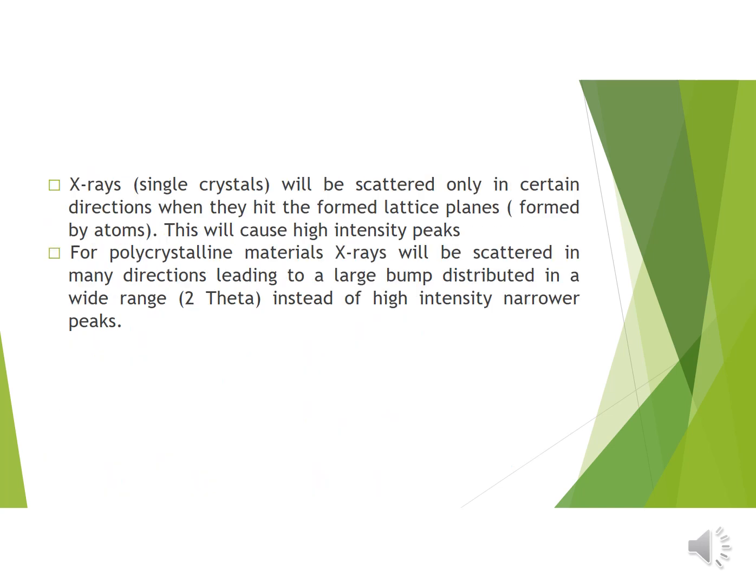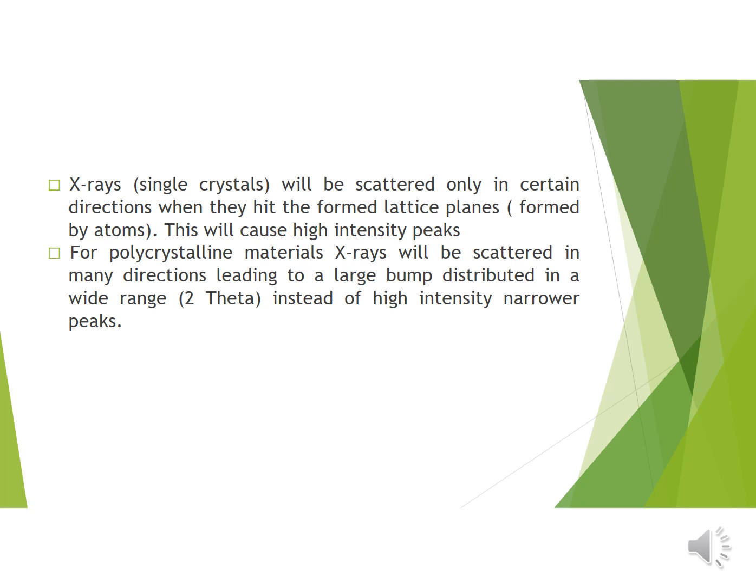In single crystals, X-rays will be scattered only in certain directions when they hit the lattice planes that are formed by the atoms. This will result in high intensity peaks. While for polycrystalline materials, X-rays will be scattered in many directions, which results in a large bump distributed in a wide range of 2 theta instead of high intensity narrower peaks.